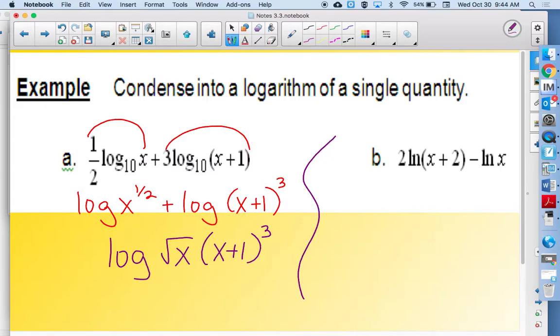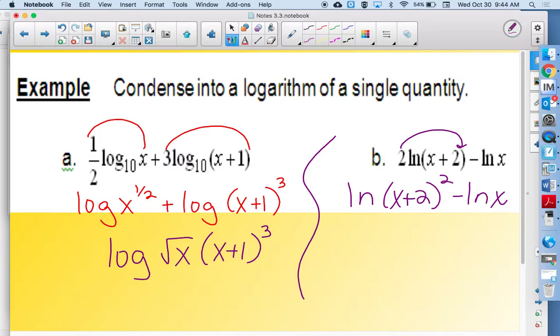So the last one, we have 2 natural log of x plus 2 minus the natural log of x. So Hannah, what happens there? First, you would put the 2 back to the exponent. Again, in parentheses, don't lose the parentheses.